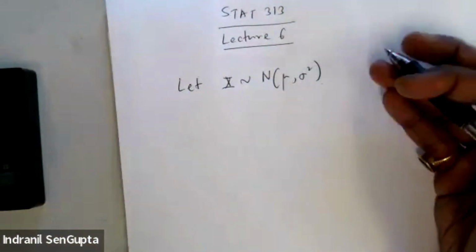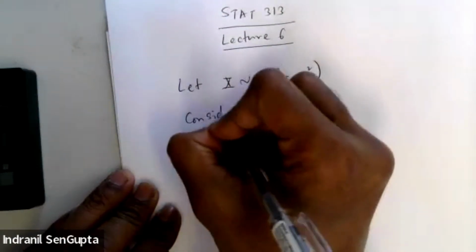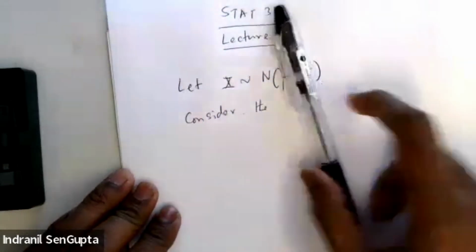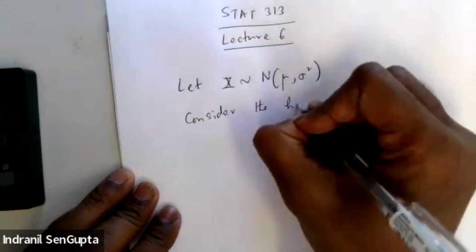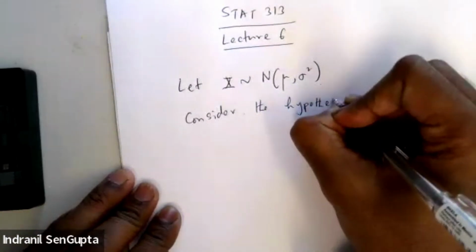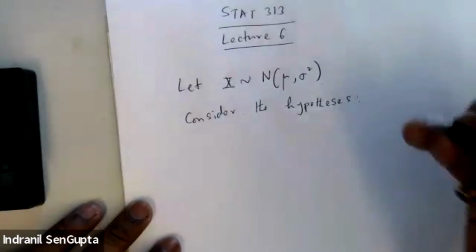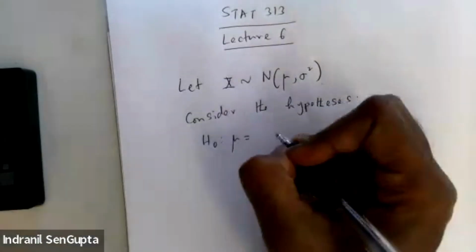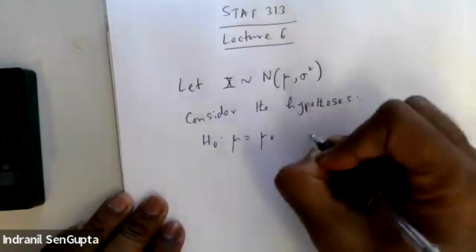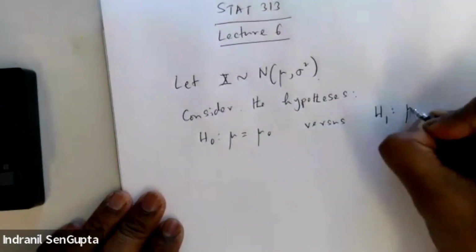So now we want to consider the hypothesis H0: mu is mu sub zero, versus H1: mu is bigger than mu sub zero.